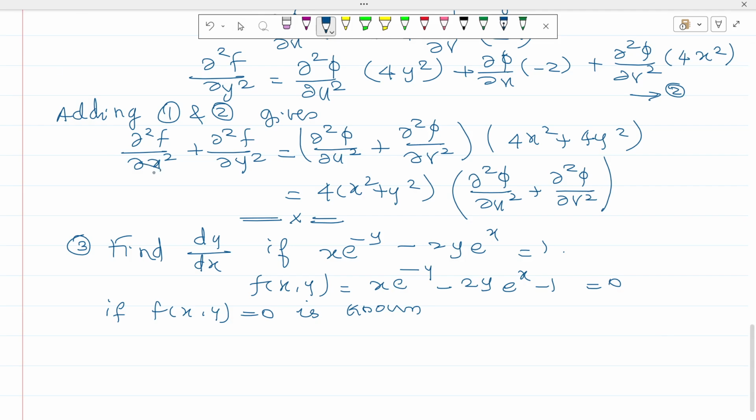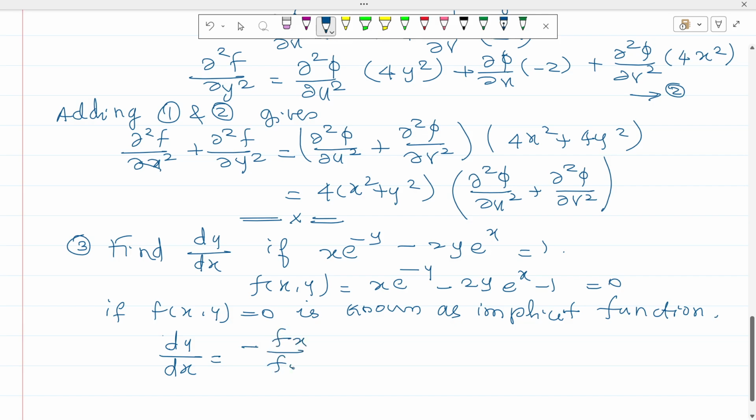So if f(x,y) equal to 0, it is known as implicit function. For that implicit function, dy/dx equal to minus fx by fy is the formula.